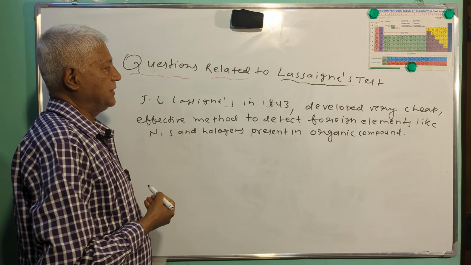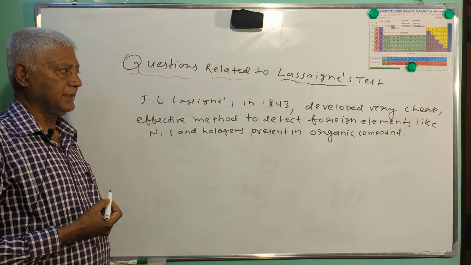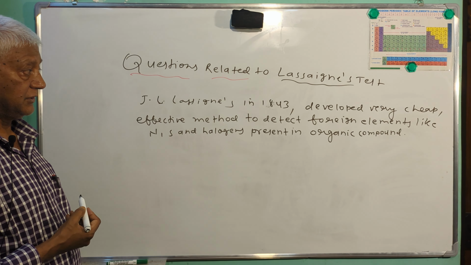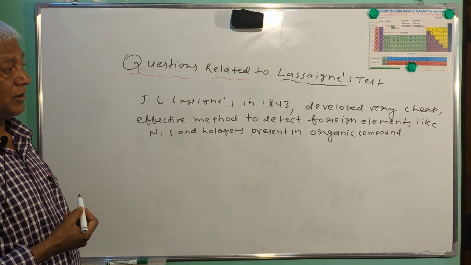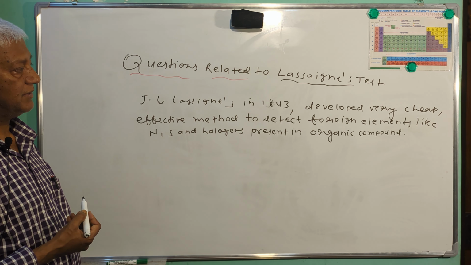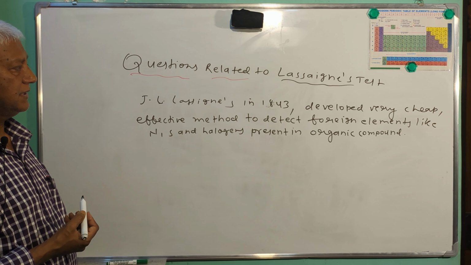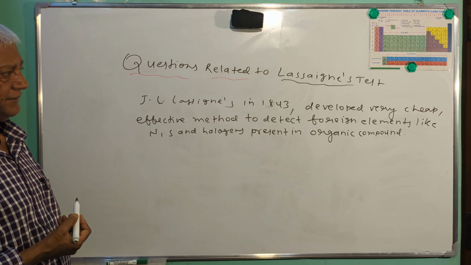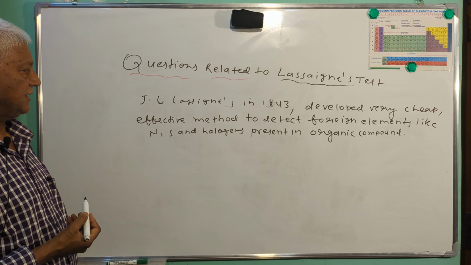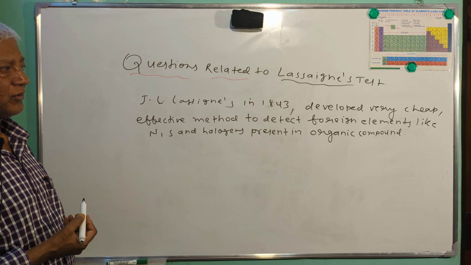So this principle or technique is used up till now. It is a very famous principle given by J.L. Lassaigne, which is a very cheap, effective method to detect foreign elements.